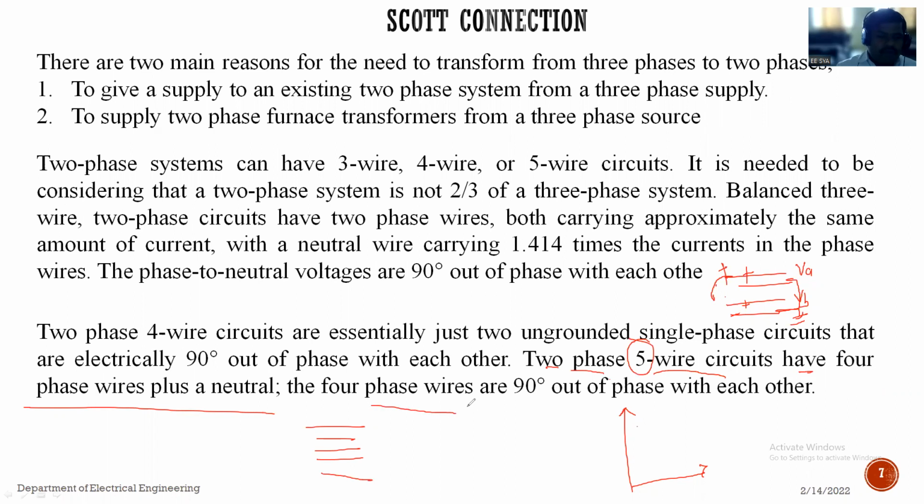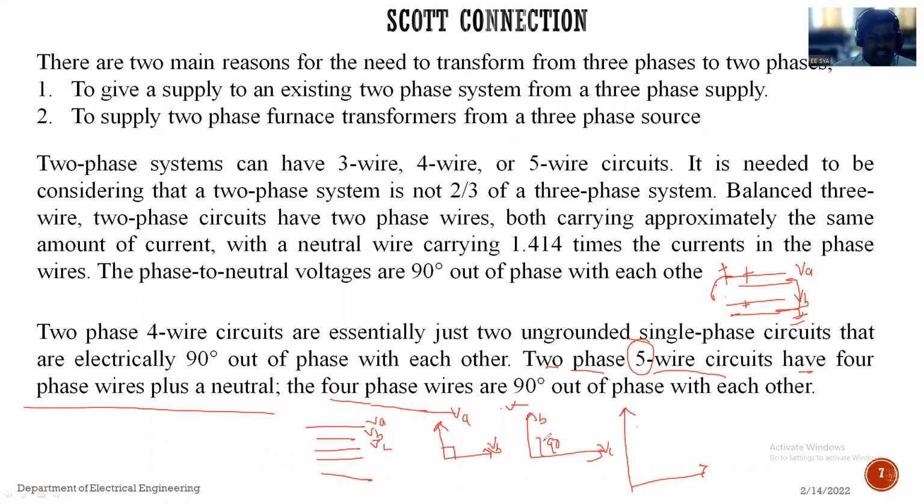Okay, and the 4 phase wires are 90 degrees out of phase with each other. याच्यामधल्या प्रत्येक फेज आहे, suppose VA, VB, VC, these are 90 degrees apart from each other. VA apart from VB 90 degrees. Similarly, VB apart from VC, it is 90 degrees. Okay, 90 degree phase difference असेल each and every मधला.